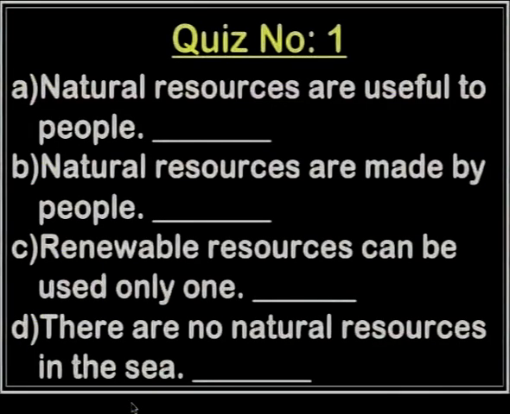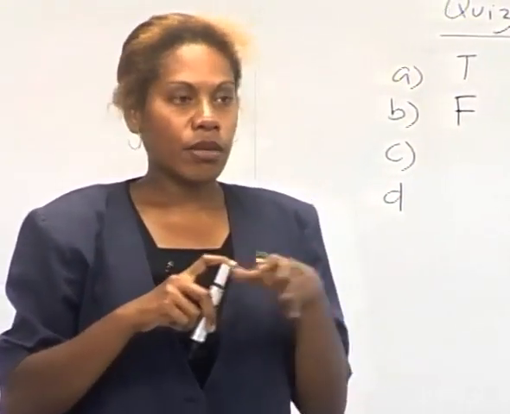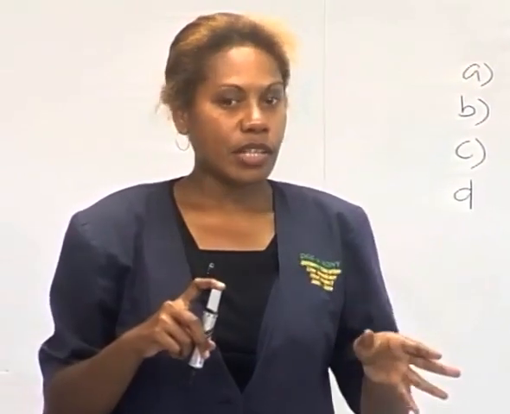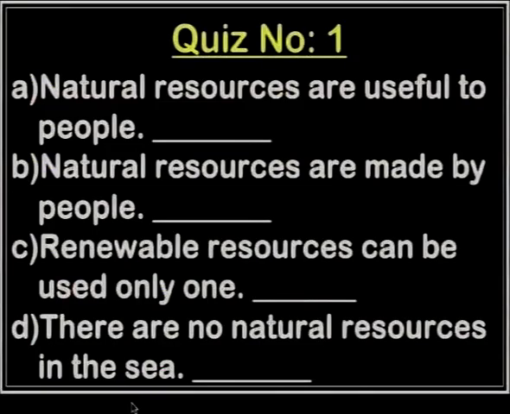False. They are not made by people. They are found in nature. See? Rose? False. Renewable resources can be used only once. False.